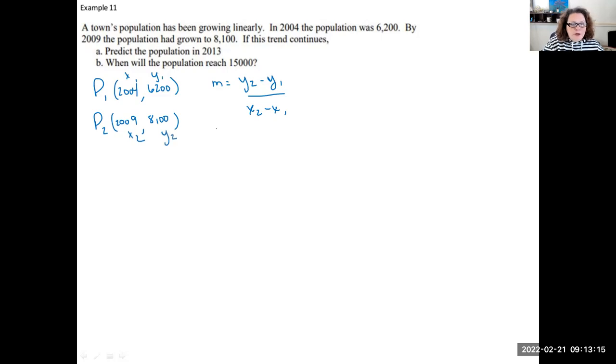So now I can plug them in. M is equal to y sub 2 here is 8,100 minus 6,200 divided by x sub 2 is 2009 minus 2004. So M is equal to 8,100 minus 6,200, divided by 5.